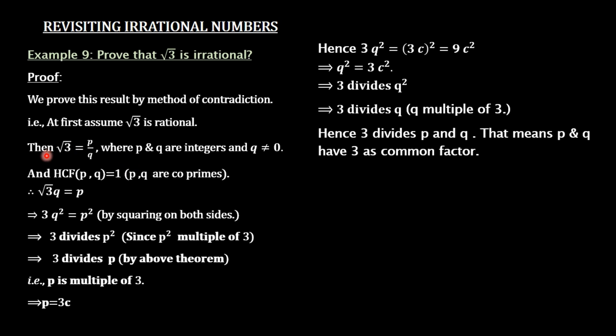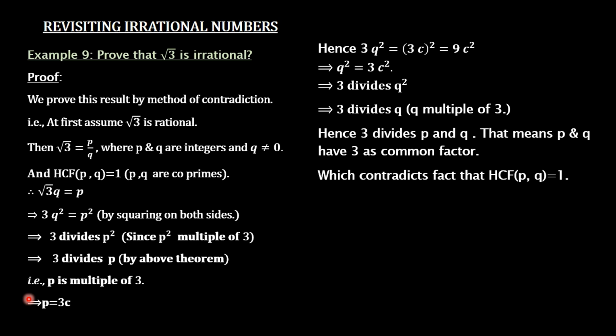We got something wrong along the way. We took HCF of P and Q equal to 1, but we got that P and Q have another common factor which is 3. So HCF cannot be 1. It may be 3 or greater than 3, which is a contradiction to the fact that HCF of P and Q equals 1.